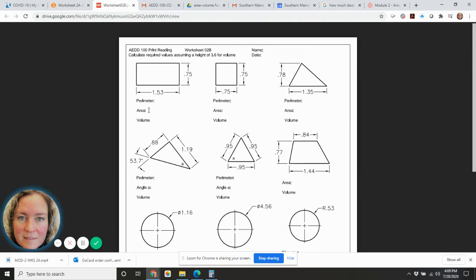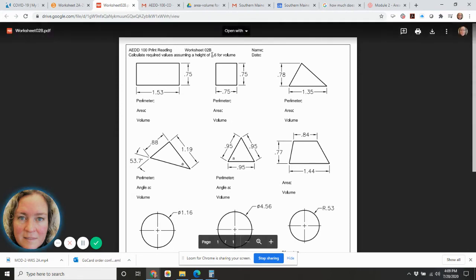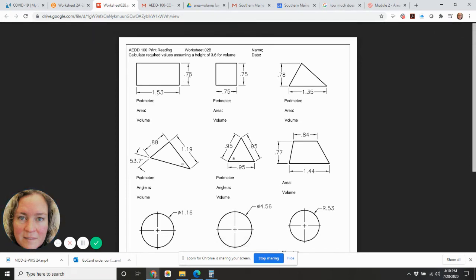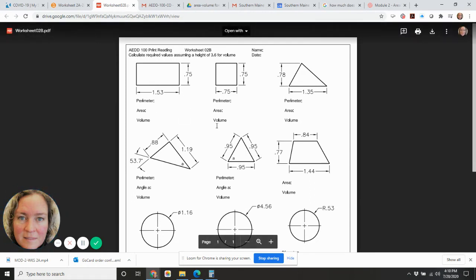We can find volume by taking the number we have already figured out from area, because that's already length times width, and then multiplying that value by our remaining dimension, which is why it's called 3D, third dimension, 3.6. So 3.6 times 1.53 times 0.75 would give us the volume of this object. And that's what you're going to do, work through these and try to answer the questions.